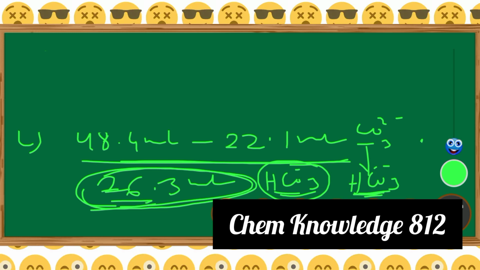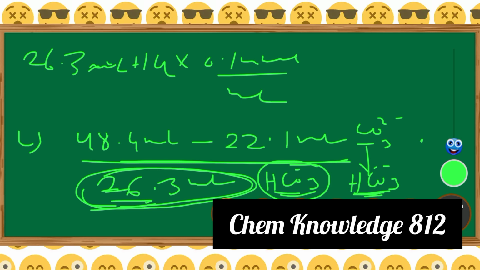So we have 26.3 ml of HCl into 0.1 millimole of HCl per ml, which is the concentration of HCl.